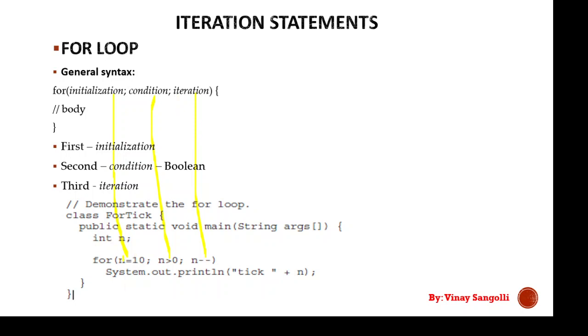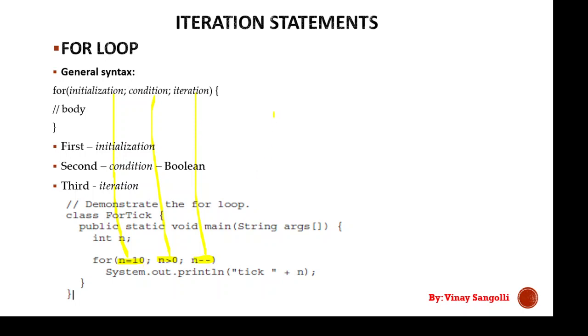So that means this is how the execution happens. First, this initialization happens. Next step, it will check the condition whether n is greater than 0. If n is greater than 0, it will enter the loop, and finally it will check its iteration, that is, it will decrement n.